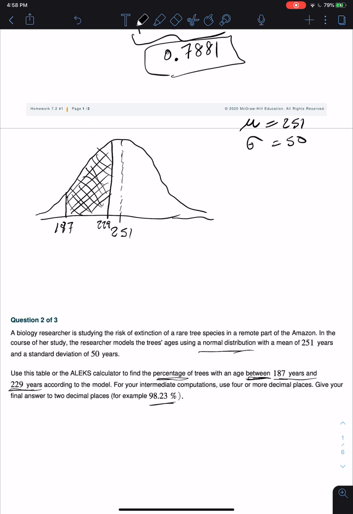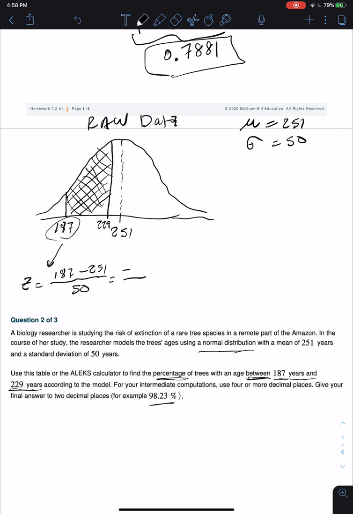Now this, once again, is just raw data, right? Not z-scores. So we've got to figure out the z-scores for this. First one, z equals 187 minus the mean, which was 251, over the standard deviation of 50. What does this give us?